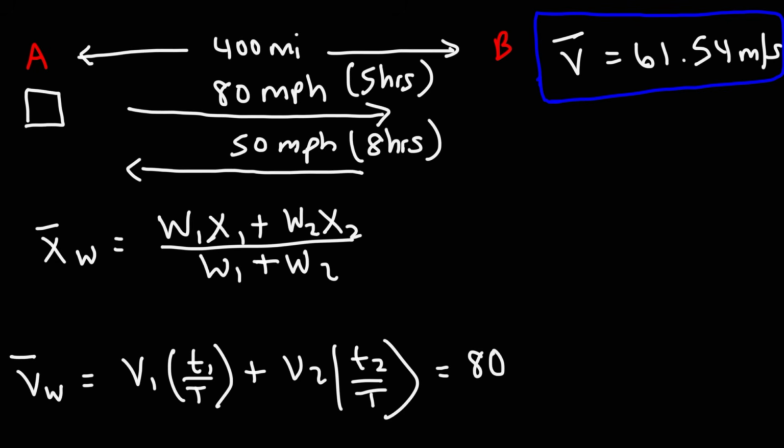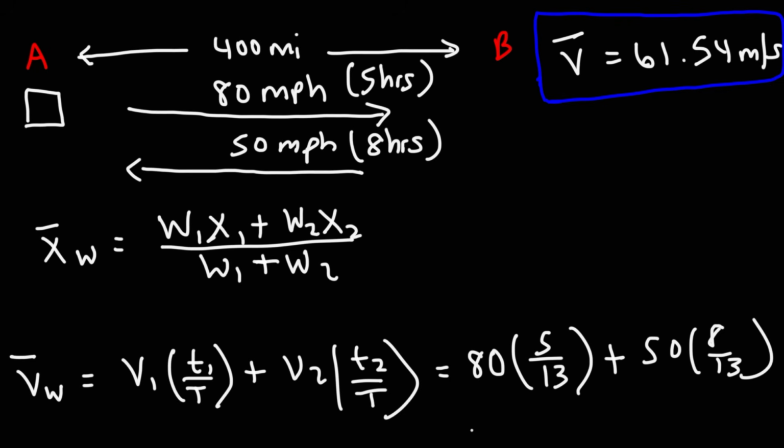So this will be 80 times 5 over 13 plus 50 times 8 over 13. Now I'm going to get the decimal equivalent of 5 over 13, so you could understand it from a percentage viewpoint.